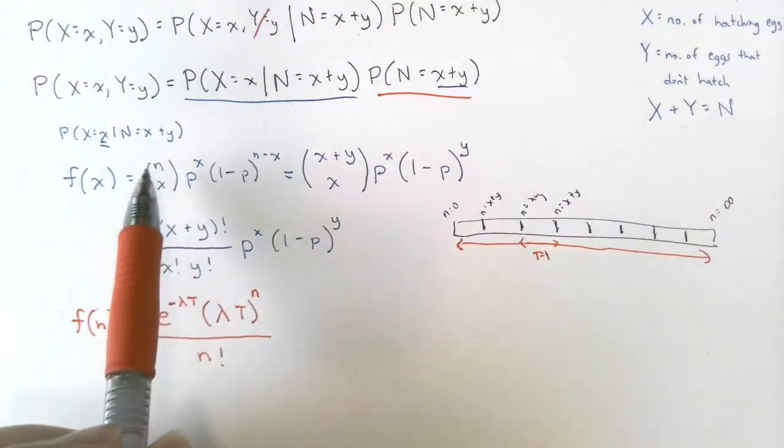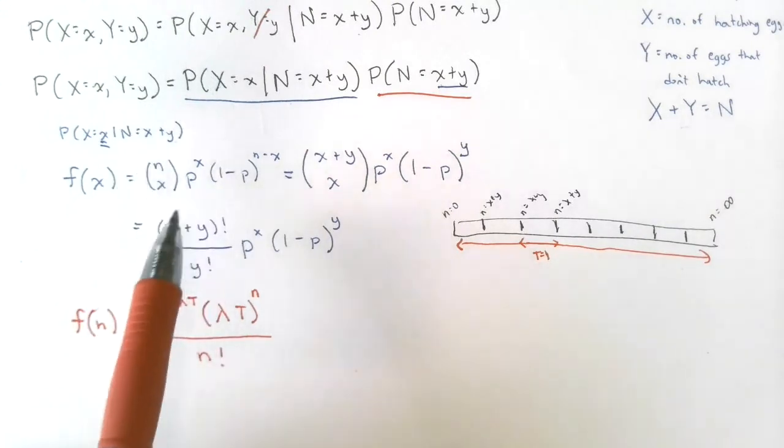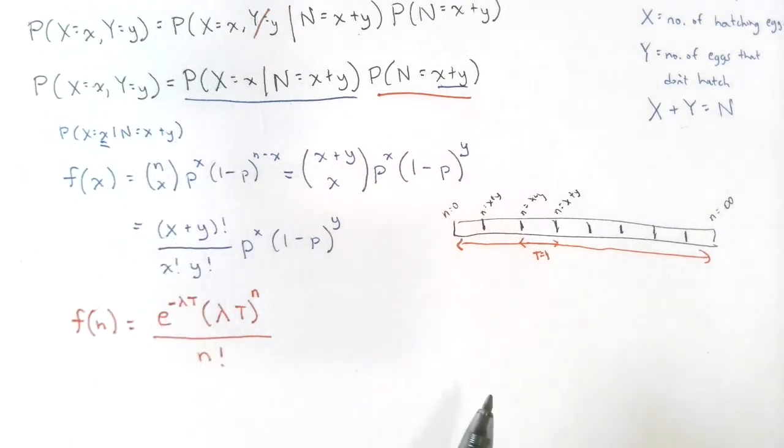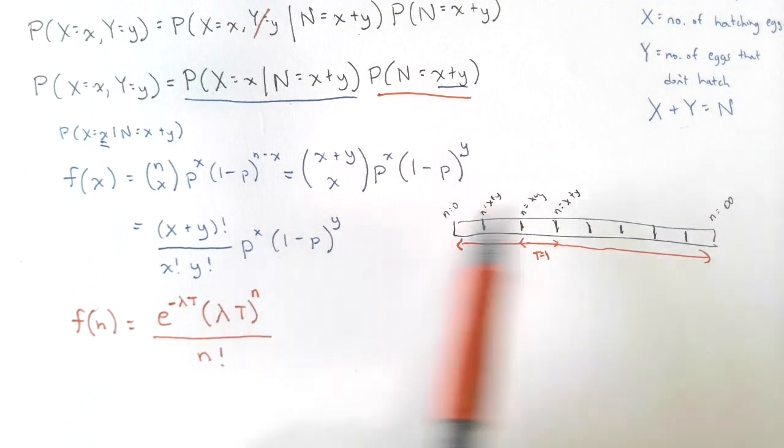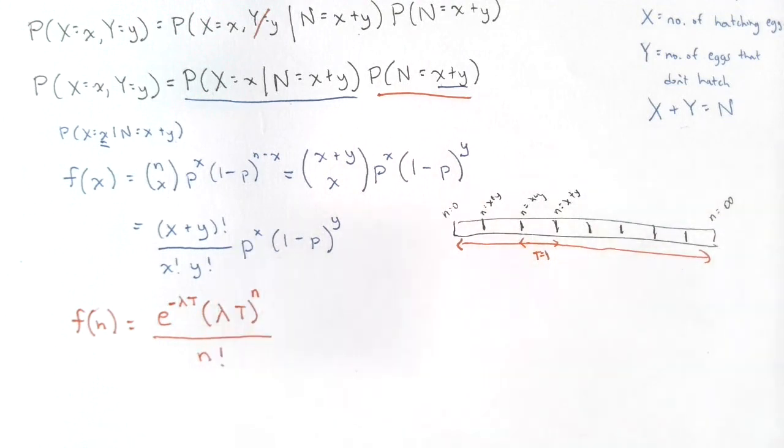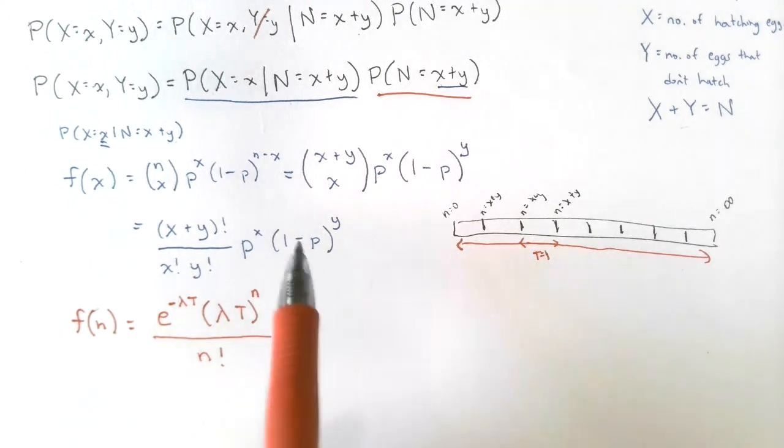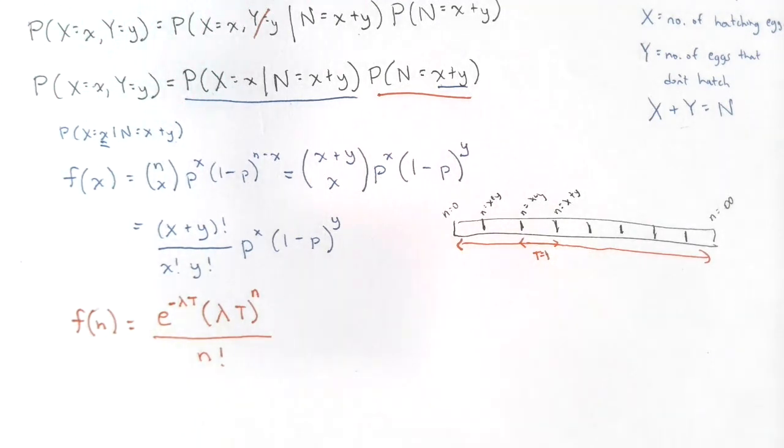Because once you choose n and once you choose x and y, once you know what x and y are, then there is only one value of n through my entire space, one possible value of n. If x is 2, y is 5, n has to be 7. It cannot be anything else. So that means that over an entire interval of just 1, we can find what n is.